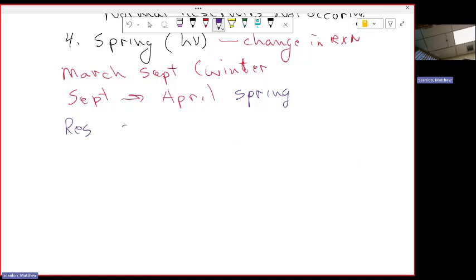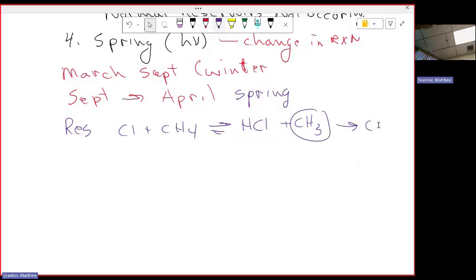We have Cl plus CH4 to give us HCl plus CH3, and the CH3, if you remember, exits the stratosphere and gets converted to CO2. Not a problem. We know that the HCl can go on to react with OH, but it's not a favored reaction. It favors this side.